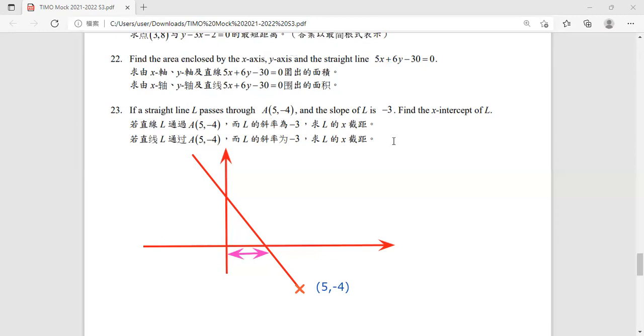Two ways of doing it. First, find the equation of the line, for which I can use the point-slope form: y plus 4 equals -3 times (x plus 5). And then you get something like this.